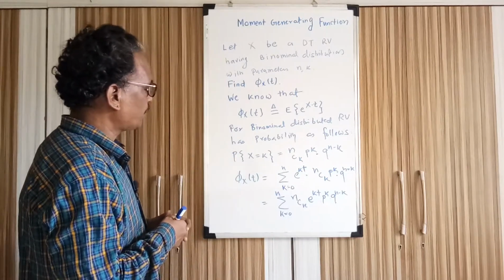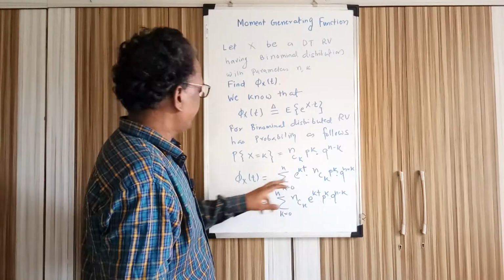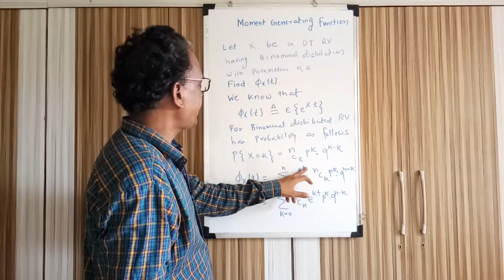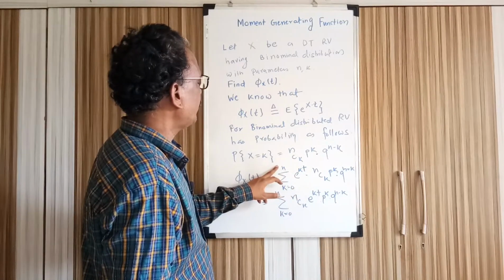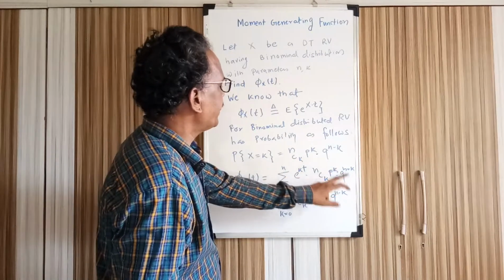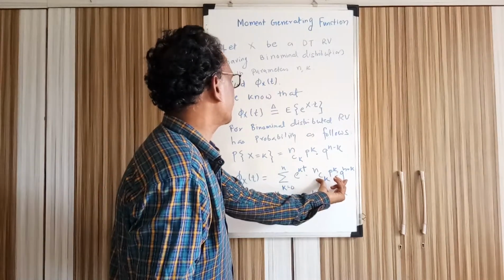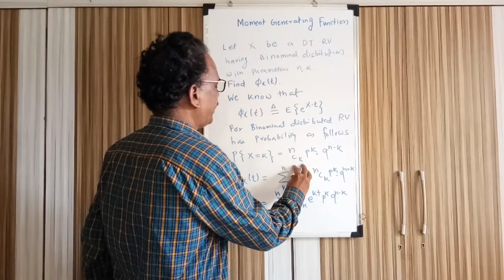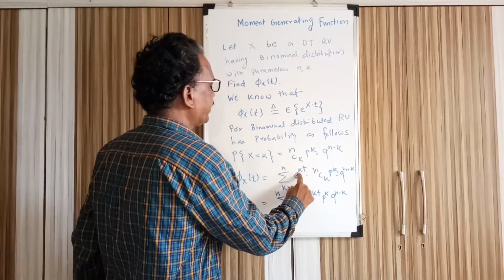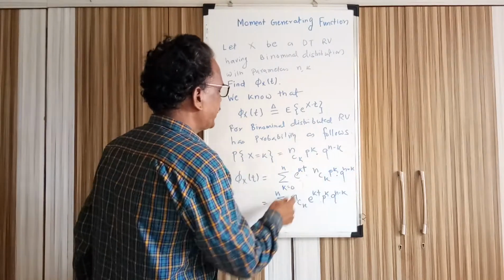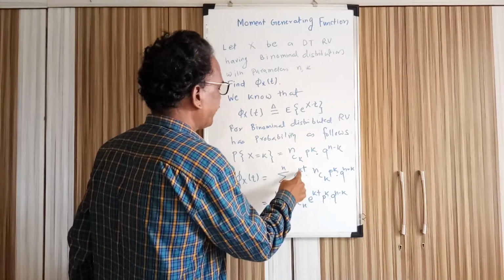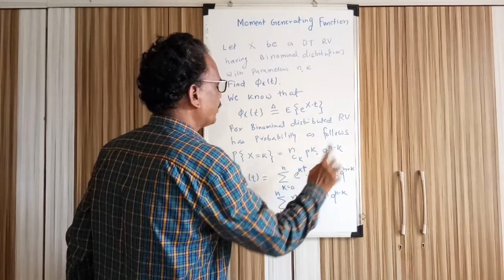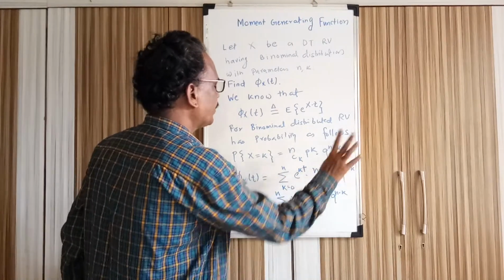So let us find phi x of t. Here x is taking value k, so e to the power xt becomes e to the power kt, and k varies from 0 to n. The probability that the random variable x takes value k according to the binomial distribution is n c k p raised to k q raised to n minus k.